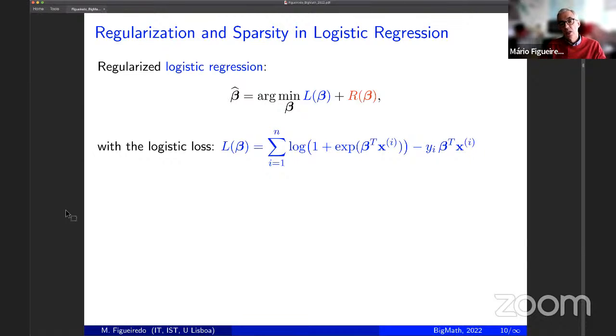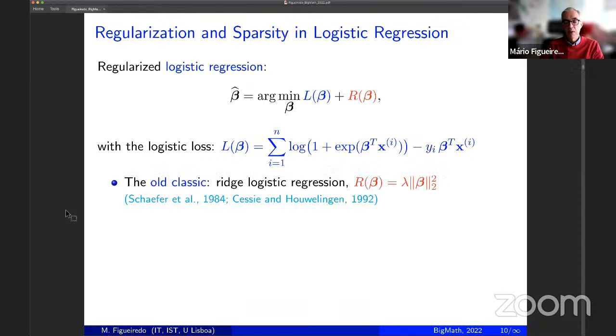So this can also be done for logistic regression. I will not spend time here explaining what logistic regression is, but I'm sure you all know. It just means that you need to use a different loss. It's called the logistic loss, which is still convex, such as the other, although it's not strongly convex. And the idea is the same.